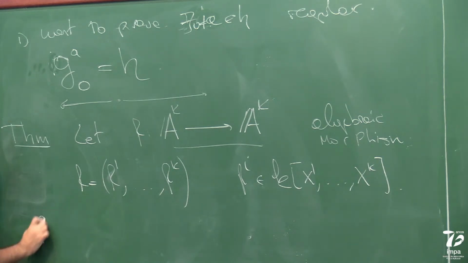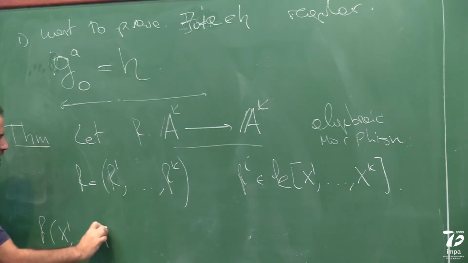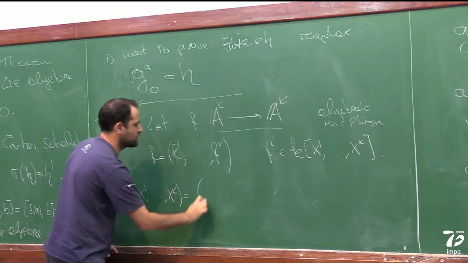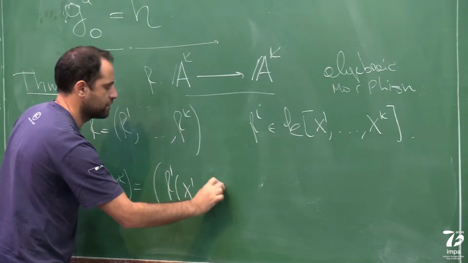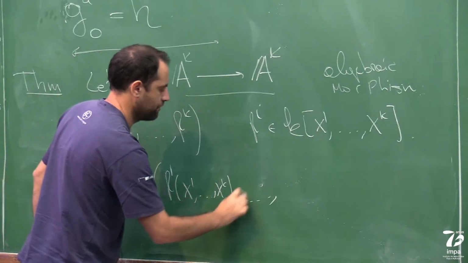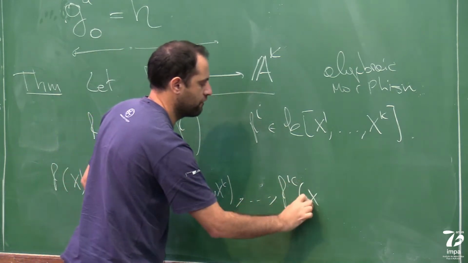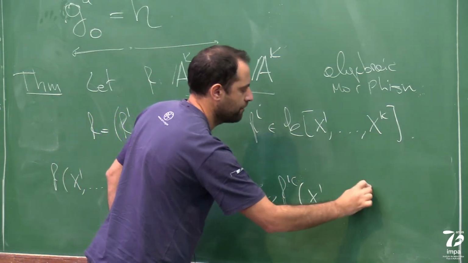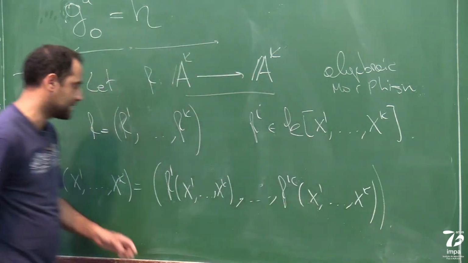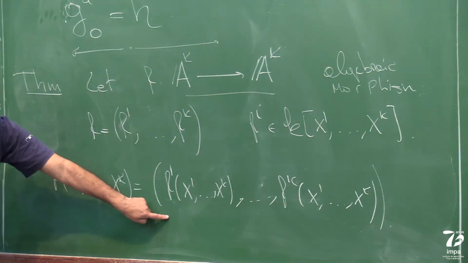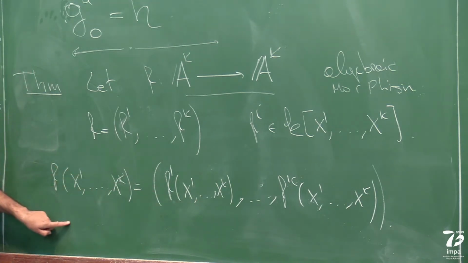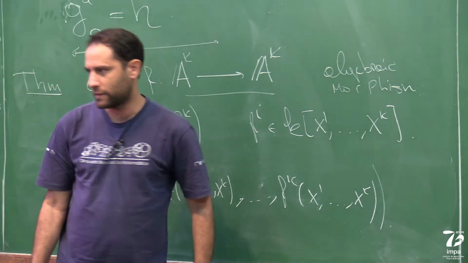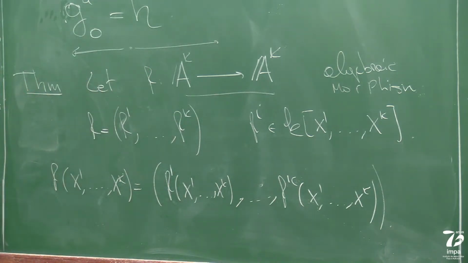So this F of x1 up to xk is just this collection of evaluations, f1 of x1 up to xk, up to fk of x1 up to xk. So this is a map that takes k coordinates and gives you back k coordinates, and in each one of the coordinates, the map is a polynomial in the original coordinates. So that's the algebraicity of it.